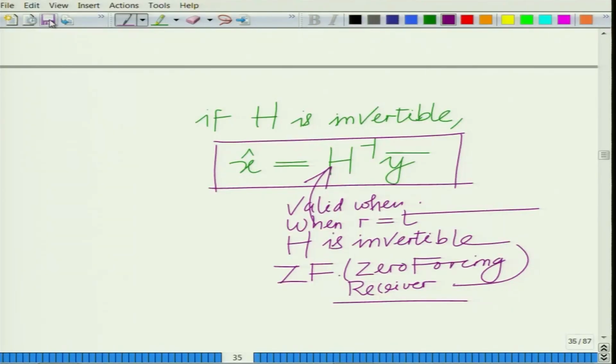Now what happens when R is not equal to T, in particular when the number of receive antennas is greater than the number of transmit antennas? That discussion is going to be very interesting, which we are going to see in the course of this MOOC. So what if R is greater than T, then I would say things become interesting.